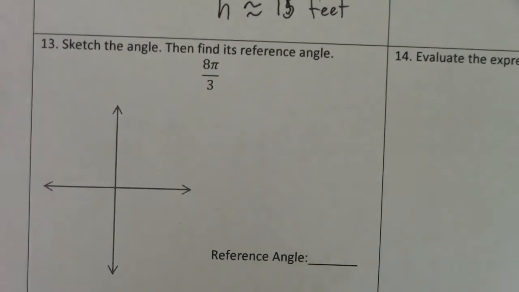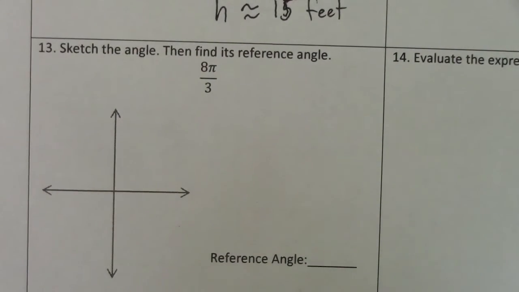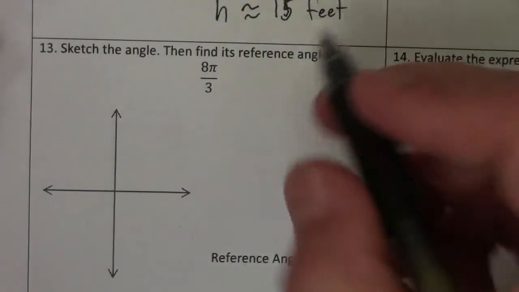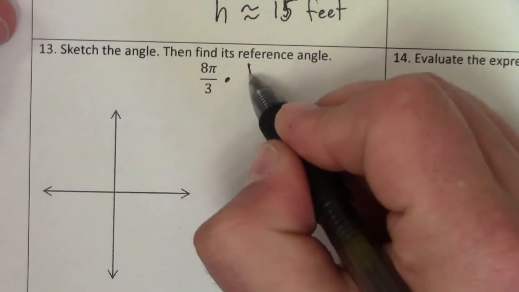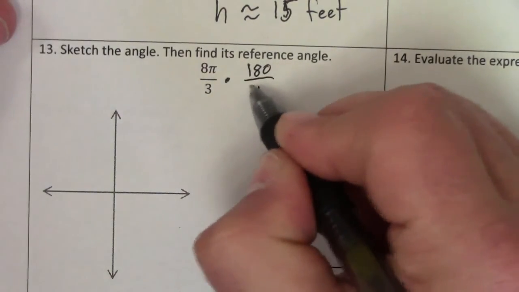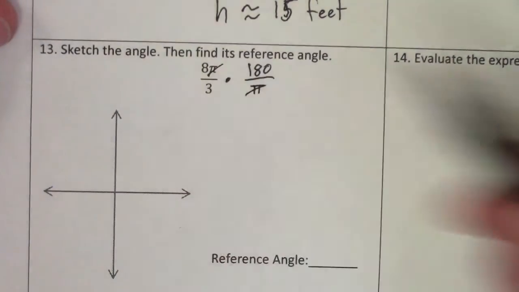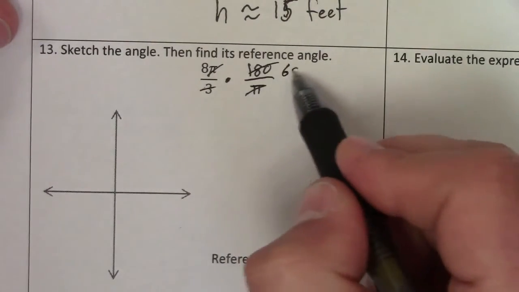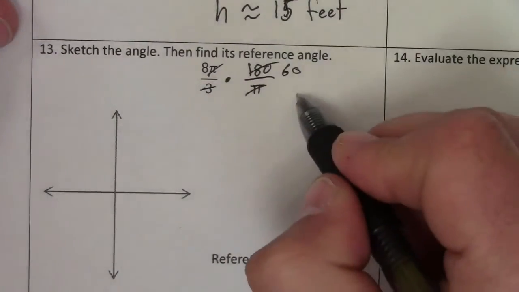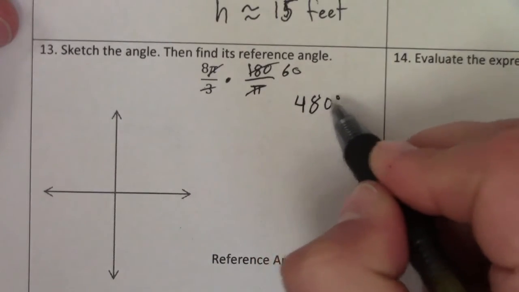On problem 13, it says sketch the angle, then find its reference angle. An easy way to do this might be to first convert it into degrees. So to convert it to degrees, we multiply it by 180 over pi. So the pi's cancel. 180 divided by 3 is 60, and 8 times 60 is 480 degrees.